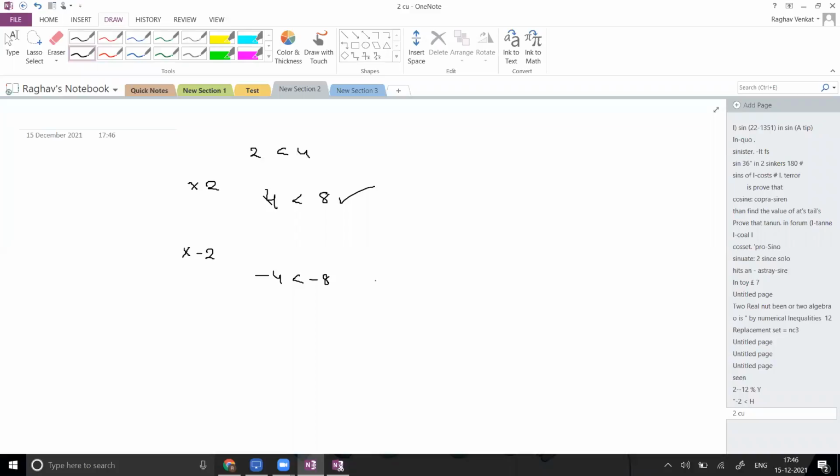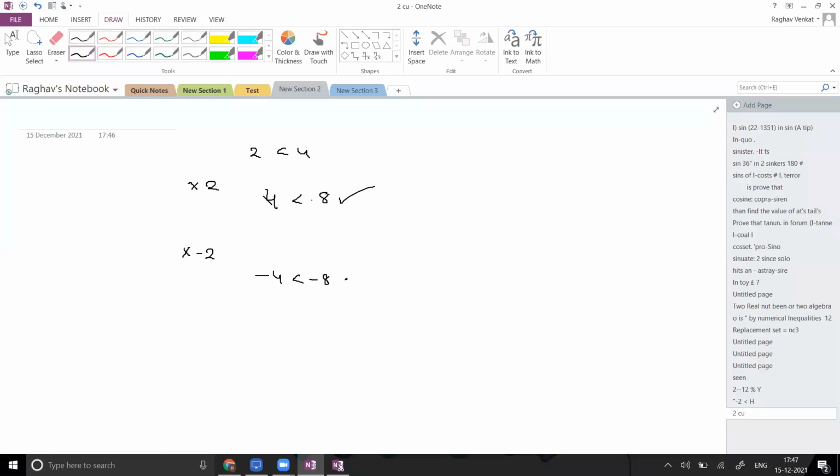So multiplying with a positive number doesn't affect it, but multiplying with a negative number changes the statement. To keep the statement true, what do I have to do? If I multiply with any negative number, the order of the inequality will change.